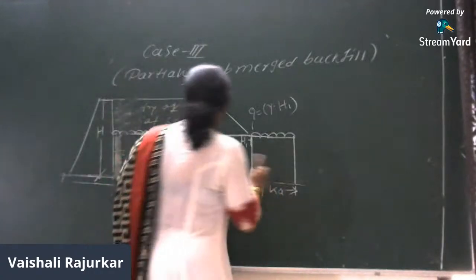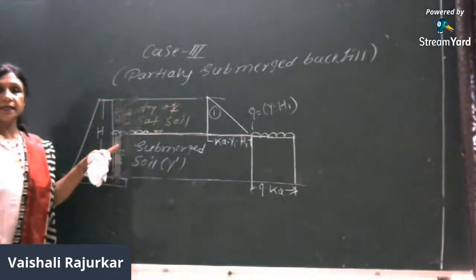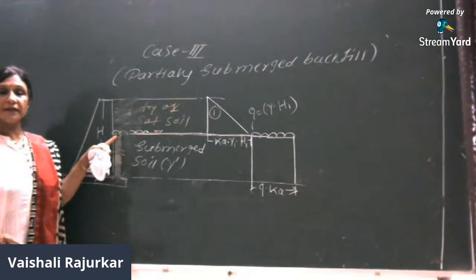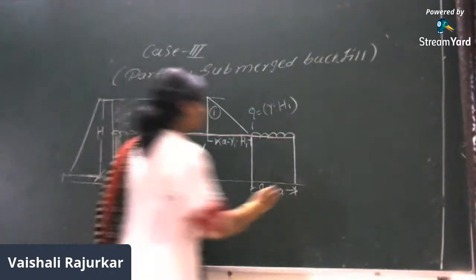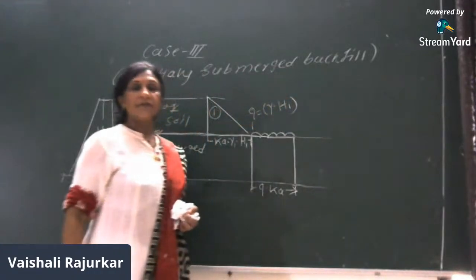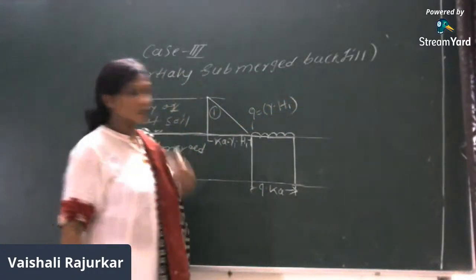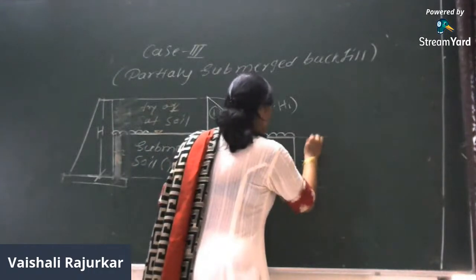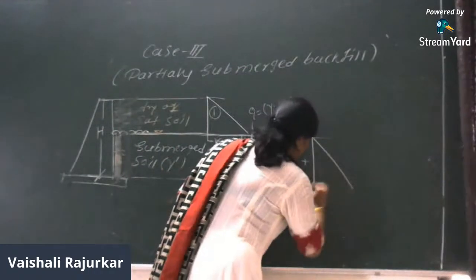Right? Then again, this pressure is due to the submerged soil weight, and another is the water pressure. So this is the case which is similar to the second case, where the soil is in a completely submerged condition, and therefore the distribution diagram is like this.